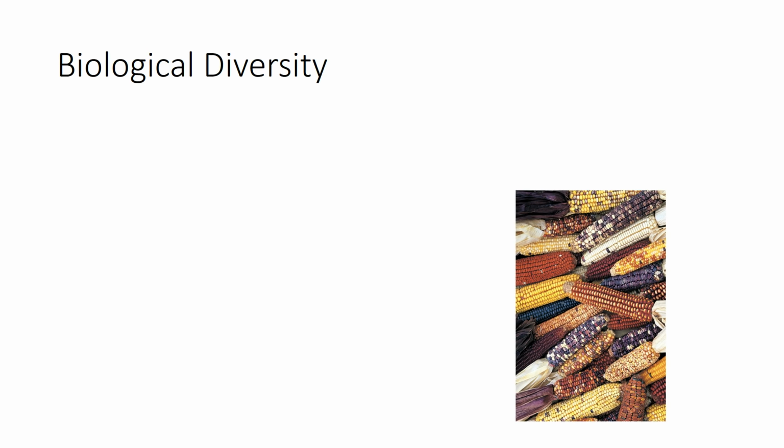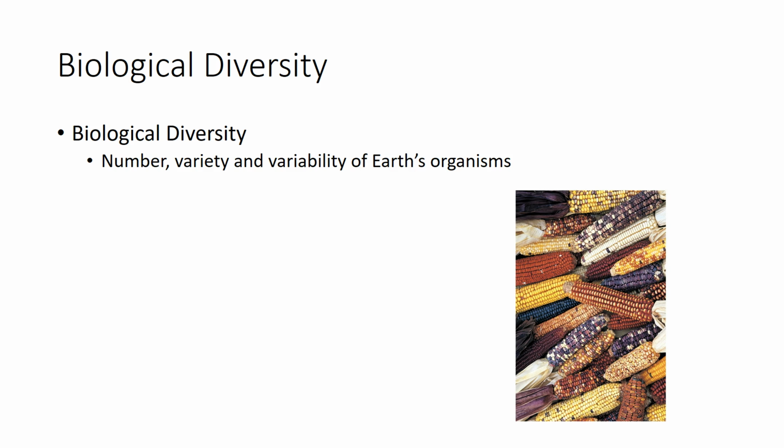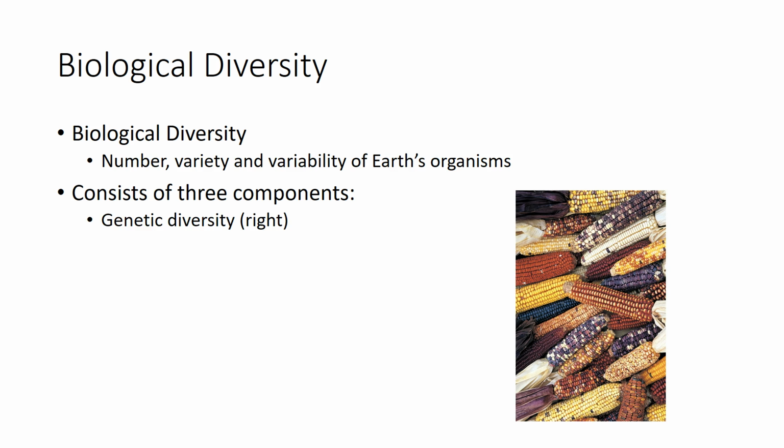So when we use the term biological diversity or biodiversity, we talked about this in class a little bit, we're talking about the number, variety, and variability of Earth's organisms. So it involves genetic diversity. As you can look at these various types of corn, we have a variety of characteristics within that one species.